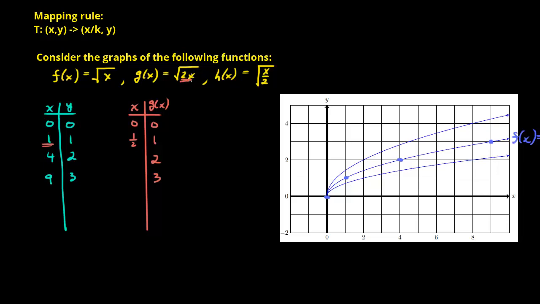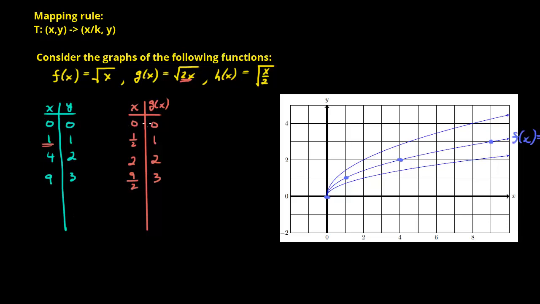When is 2x equal to 4? When x is equal to 2. When is 2x equal to 9? Well, 2x is equal to 9 when x is equal to 4.5, or 9 over 2.